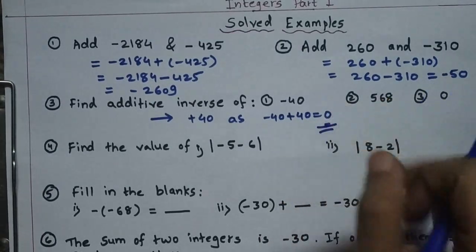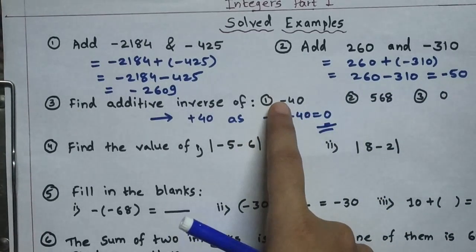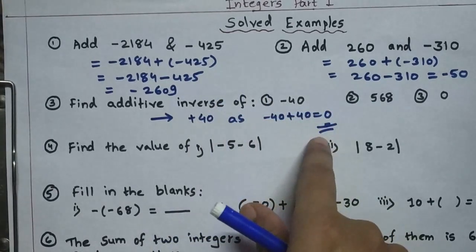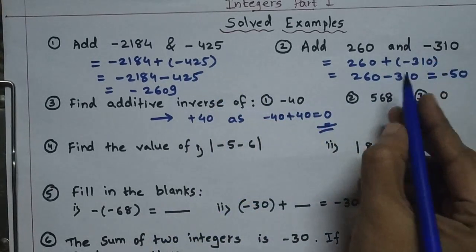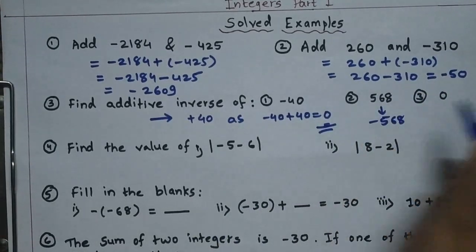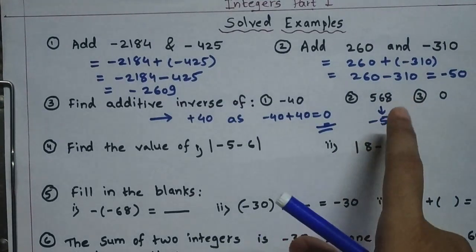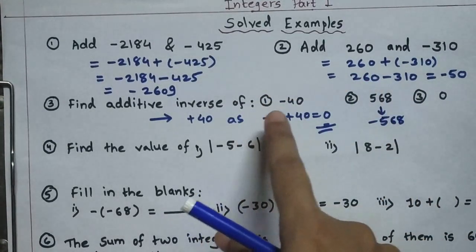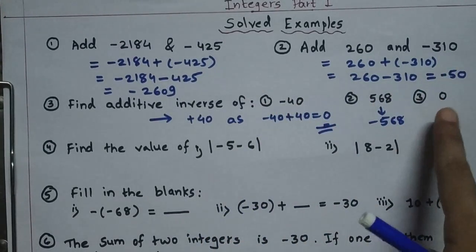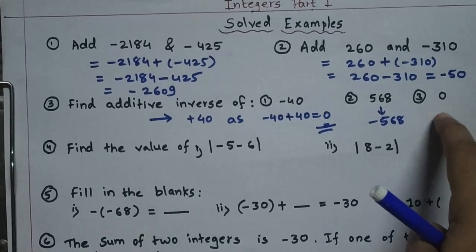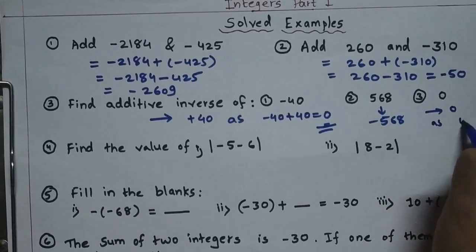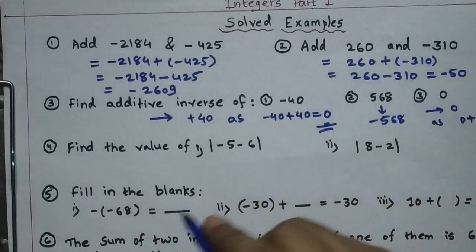In the same way, what is the additive inverse of 568? It is minus 568, because when you add them, you again get the additive identity 0. And one more thing, always remember: the additive inverse of 0 is 0 itself, as 0 plus 0 gives you 0.